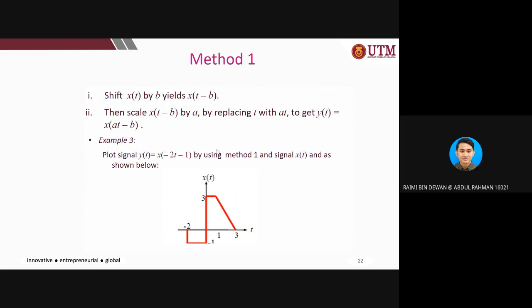For the combination of signals, meaning a combination of operations in time, you will learn three methods where you can solve signals that have time inversion, time scaling, and time shifting combined. There are three methods, but I prefer that you use method three, because method three is the safest one.